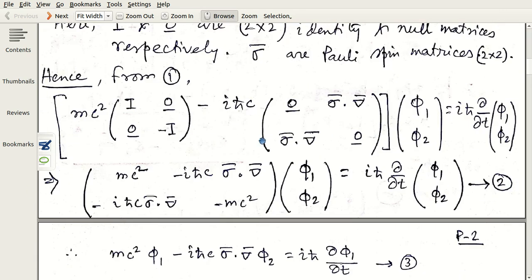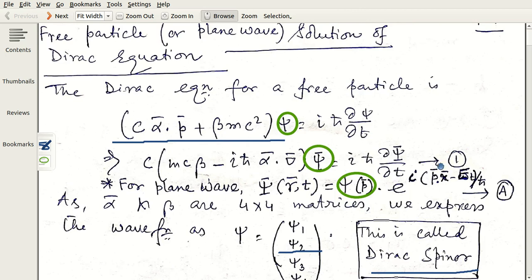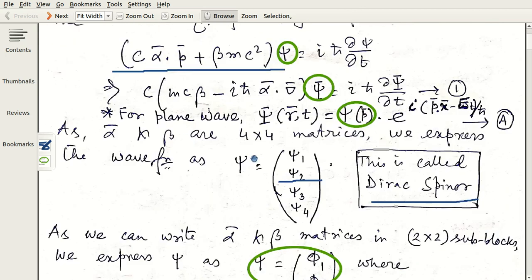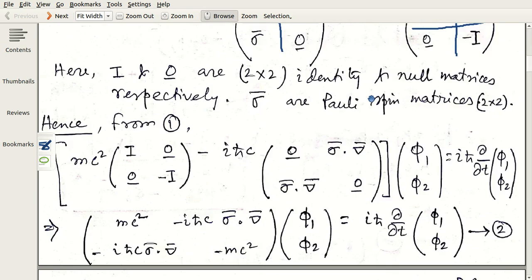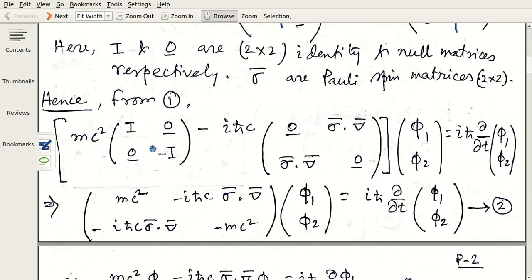Now we use equation 1, we replace beta and alpha by the forms given here, and then we expand the equation. So mc square beta minus i h cut c alpha dot p acting on phi 1, phi 2 equals i h cut, and so on.